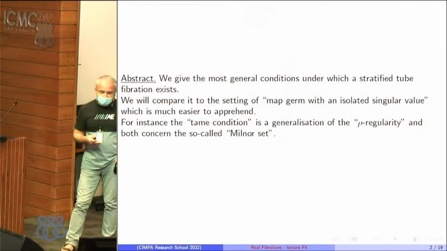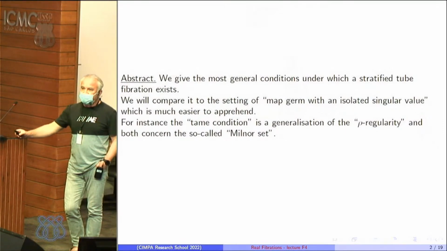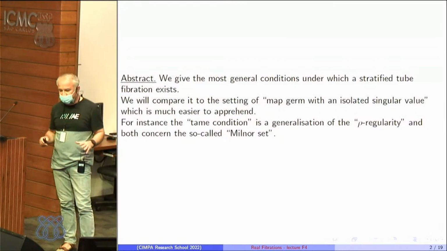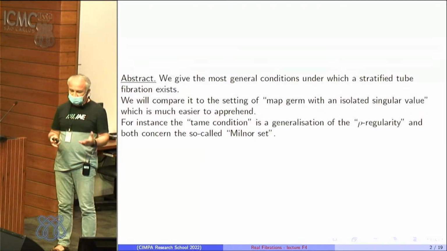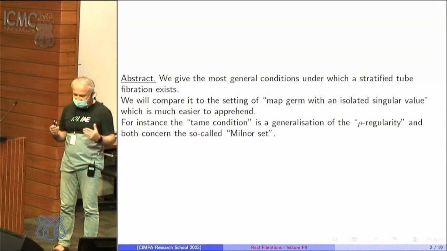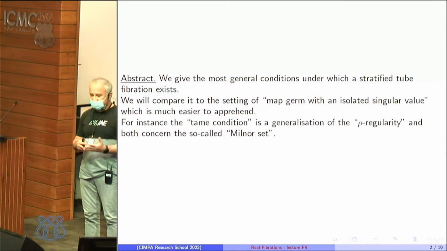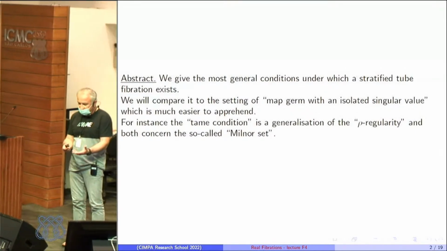As you can see here, the purpose of what I'm going to present today is to write down a framework in which you have fibration theorems, a very general framework, as general as possible. You have seen before, of course, it started with Milnor. We had hypersurfaces.